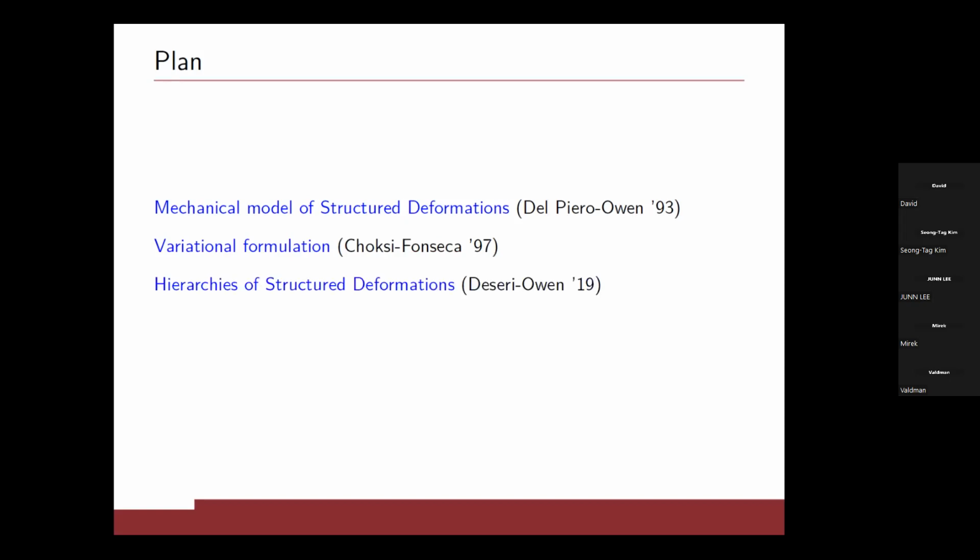Then I will move to this new theory by Luca Deseri and David Owen, which is named the hierarchical systems of structured deformation, and I will describe later what it's about. And finally, our contribution, which is a variational formulation of this mechanical theory.